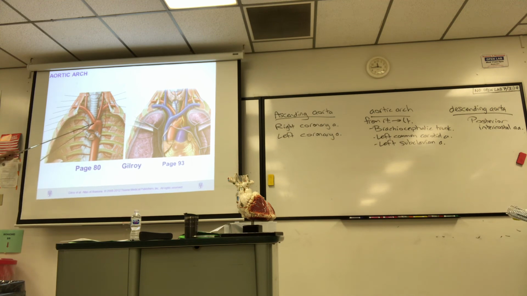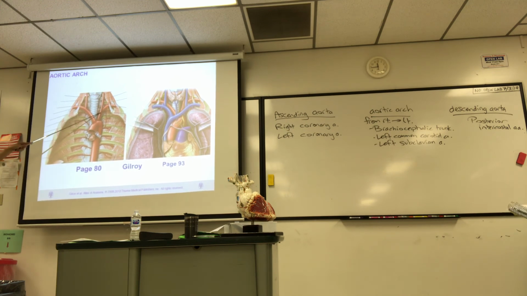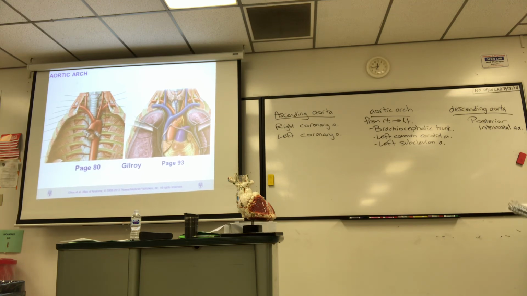So if you want to send arteries to the right side, you got to send the brachiocephalic trunk first, and then it branches into carotid, subclavian. On the left side, they branch directly off of the aortic arch because they're closer to the left side. So that is one difference between left and right, tends to drive students crazy.